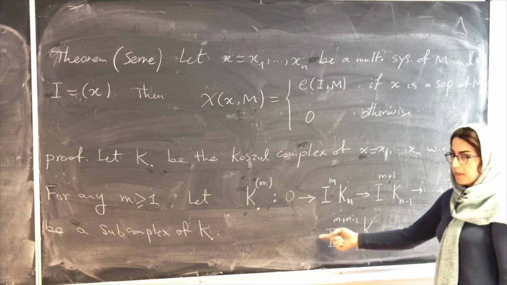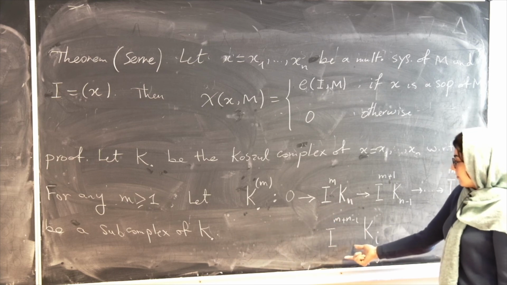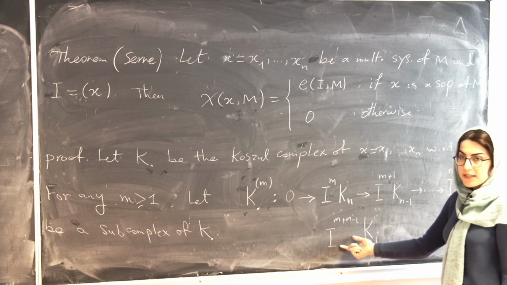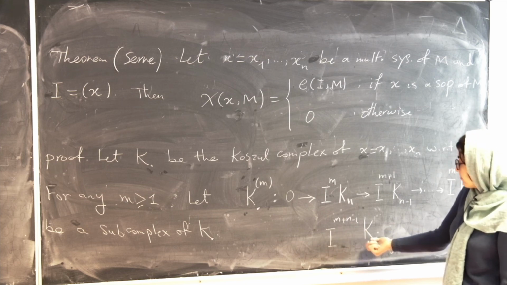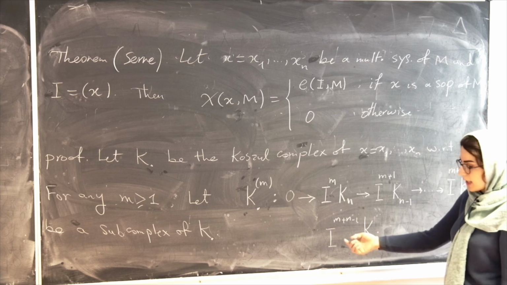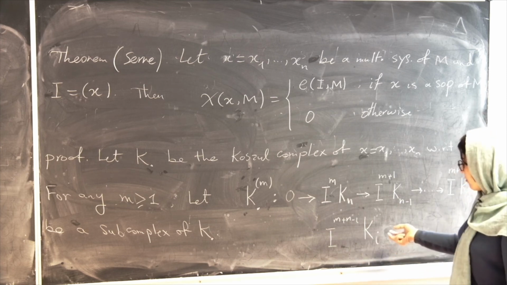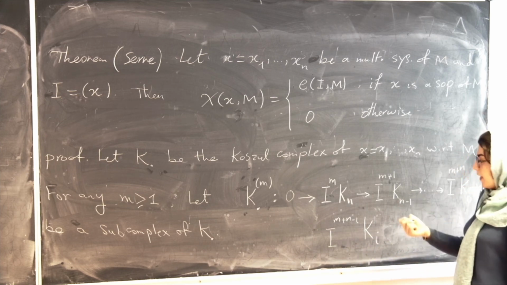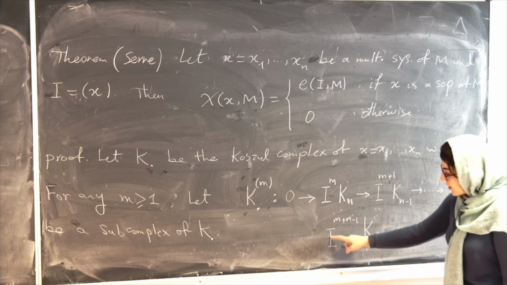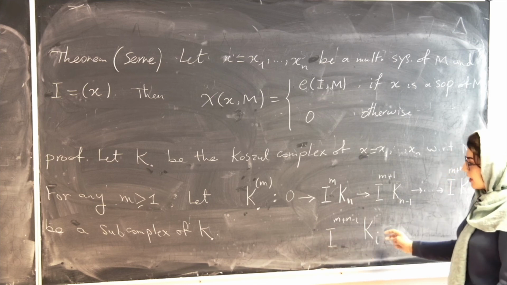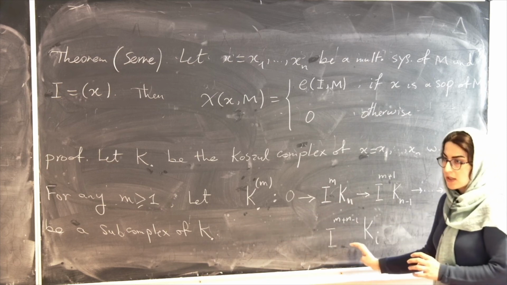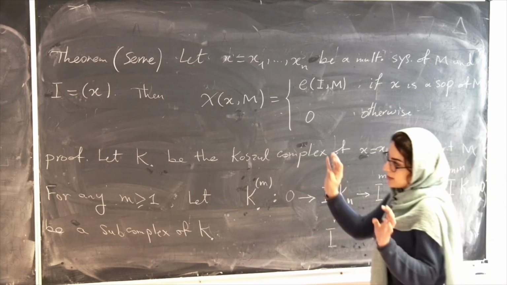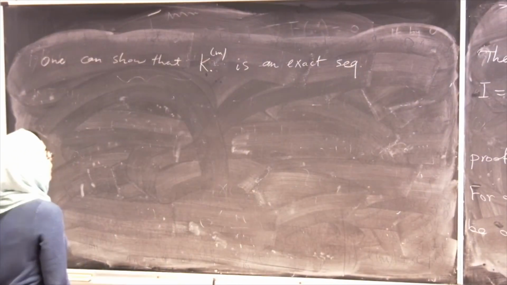Using the Artin-Rees lemma, you can show that these elements can be written as linear combinations of elements such that these coefficients come from I, and this helps us to show that these are in fact the image of something. So let's accept that this is an exact sequence.